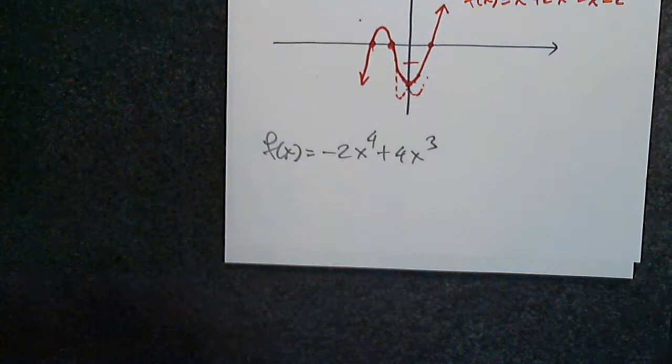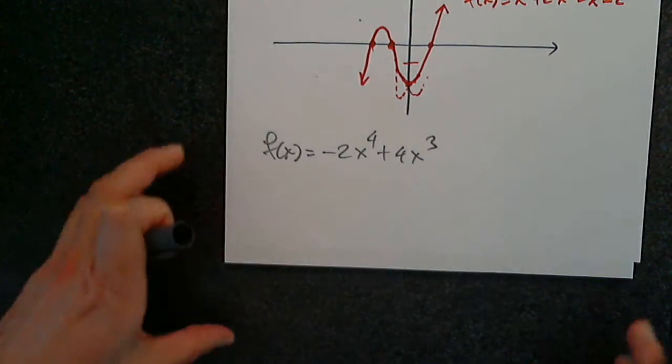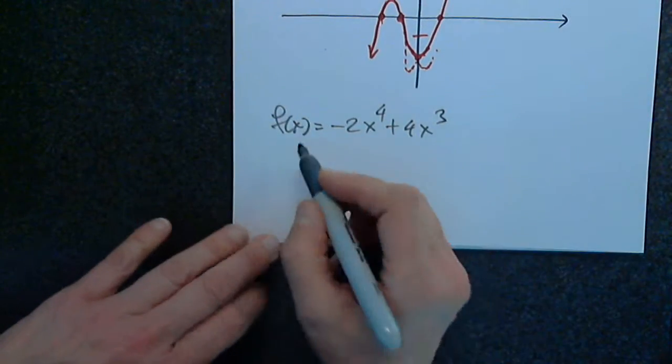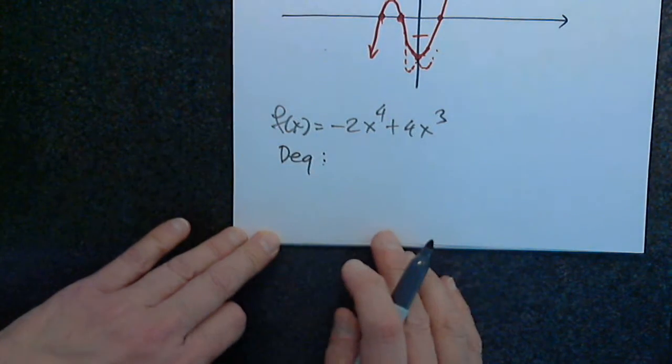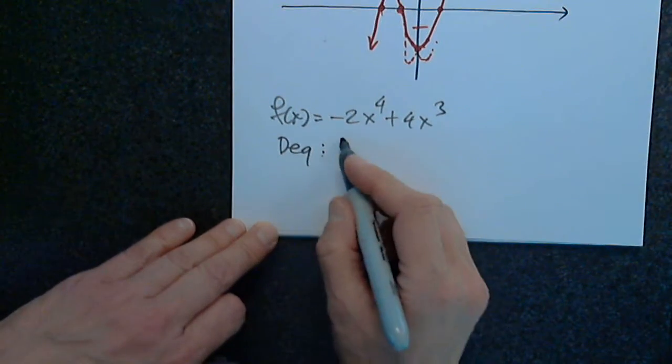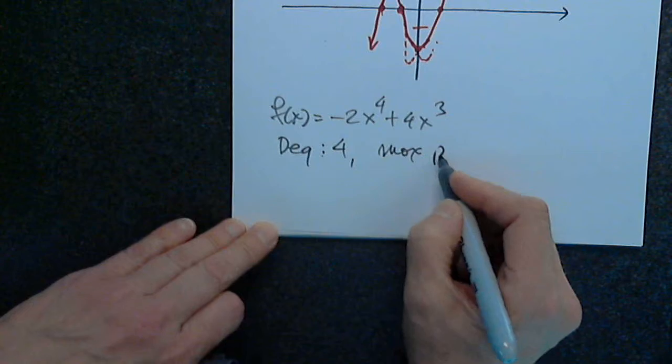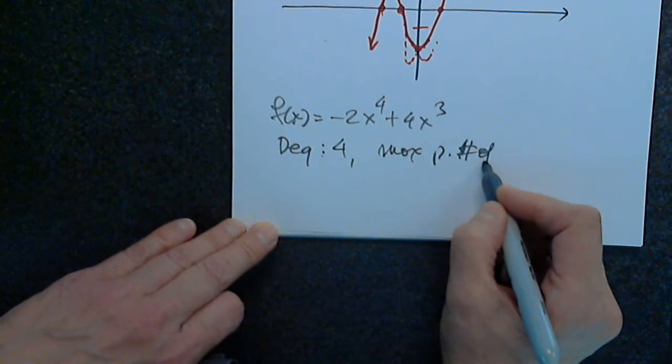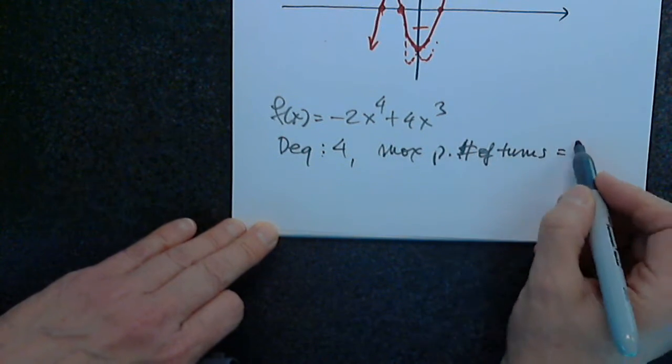Good. Perfect. Thank you. So what is the degree of this function? Very good. Max possible number of turns. Excellent.